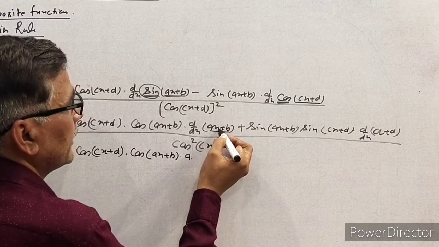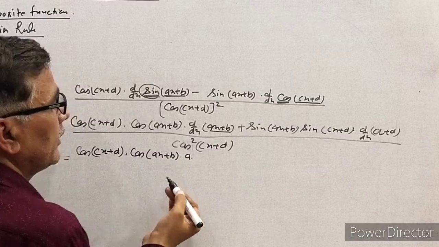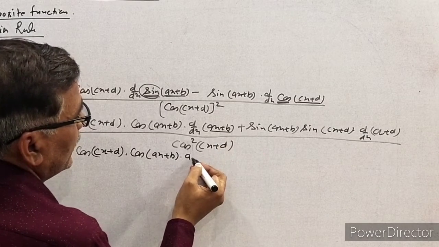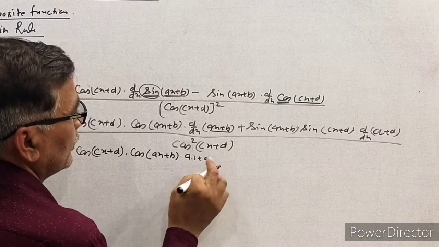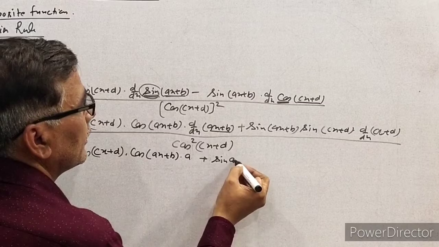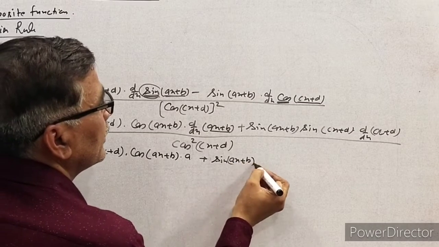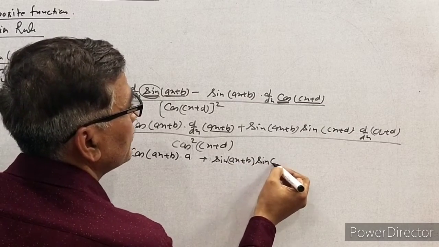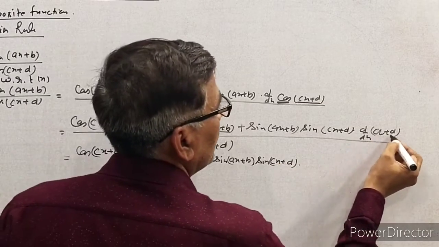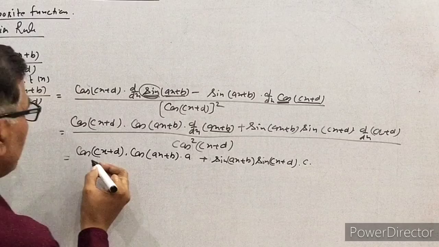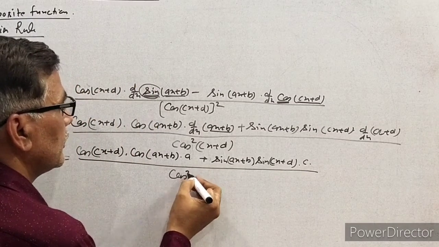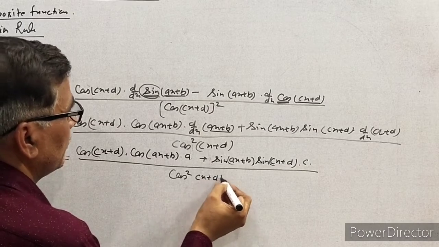The derivative of x is 1, multiply a by 1 becomes a, and the derivative of b is 0. So a into 1 plus 0, that is again a, plus sine of ax plus b into sine of cx plus d, and the derivative of cx plus d is c, and the whole is divided by cos square cx plus d.